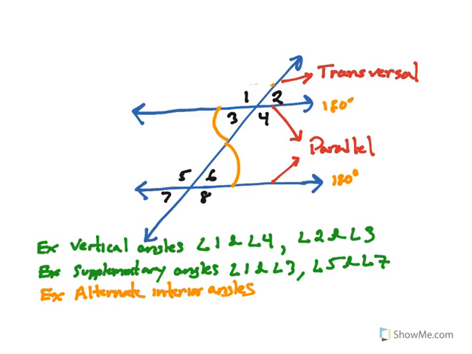So many angles here, it's easy to get confused if you're not careful, right? So if you make a mistake, just look at it again and say, oh yeah, I meant that one. That happens, okay? Especially if there's a lot going on, okay? So an example of a pair of alternate interior angles would in fact be the measure of angle 3, which is going to equal the measure of angle 6.